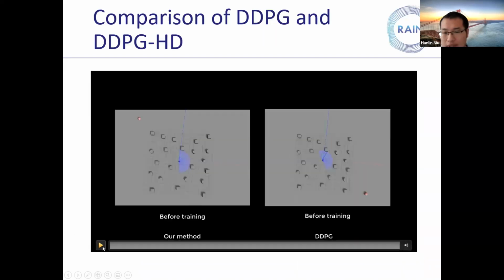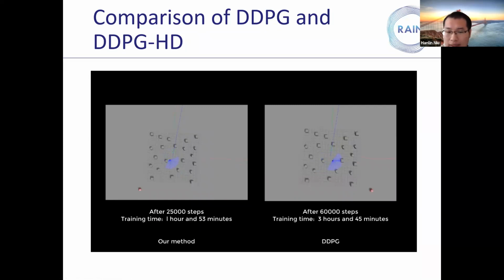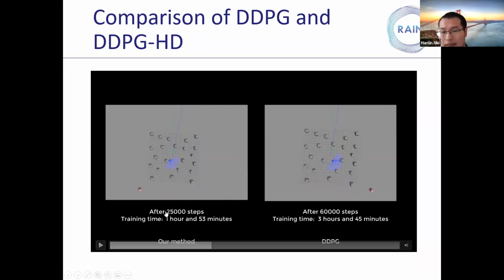In the beginning, we trained the robots in simulated environments. On the left side is the DDPG with human data. We found that if we use the human data, the robot only needs to train for 1 hour and 50 minutes, and then in 20 random missions it achieves no collision.